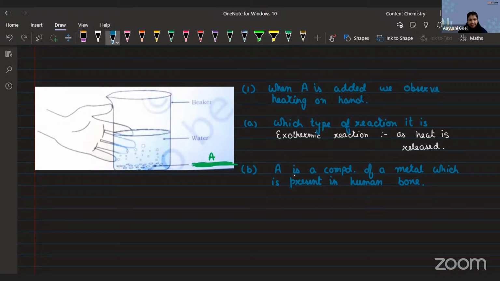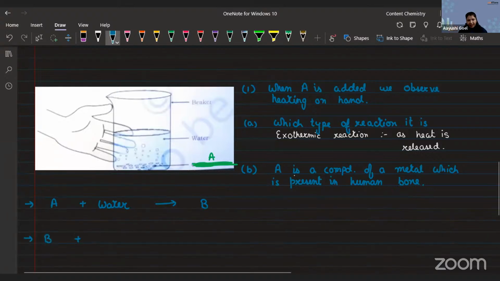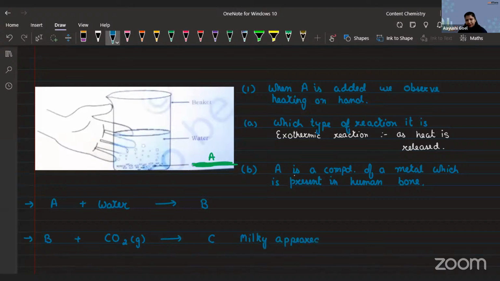Second point. A reacts with water and gives you B here. Okay, B is a compound. B reacts with carbon dioxide gas, gives you C, which is milky in appearance. Find A, B, C. And write the complete reaction.